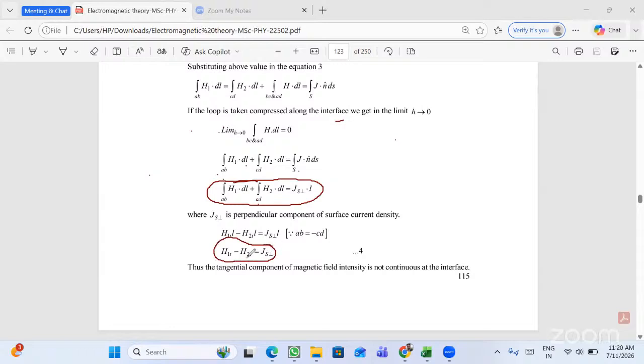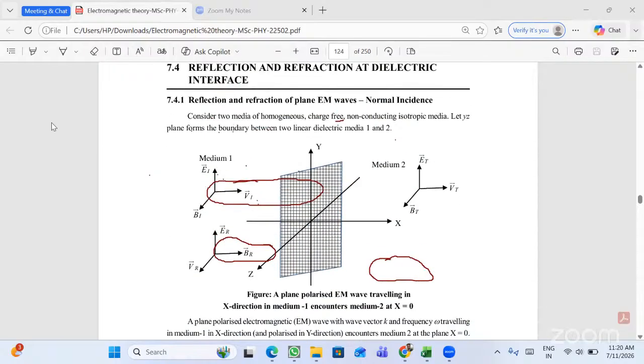Here, if you see, this tangential component is not continuous. As we have studied the four boundary conditions, among the four conditions, two are continuous, whereas two are not continuous. That you have to remember. So these are the four Maxwell boundary conditions.